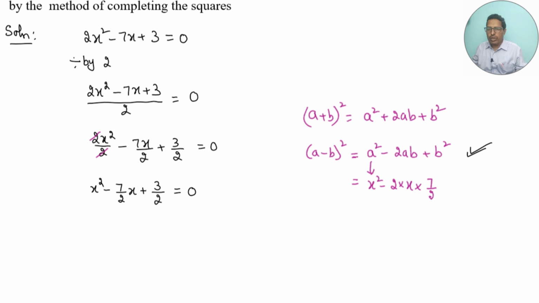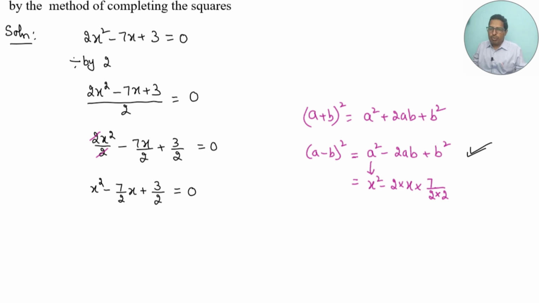So 7x by 2 is there, but this 2 is additional. Because this 2 is additional, we need to divide by 2. With 2 in the denominator as it is, and one more 2 I am dividing, if I cancel out this 2 and 2, I get back 7x by 2 as it is, no change. But to get the 2ab form, I am multiplying by 2 and dividing by 2.